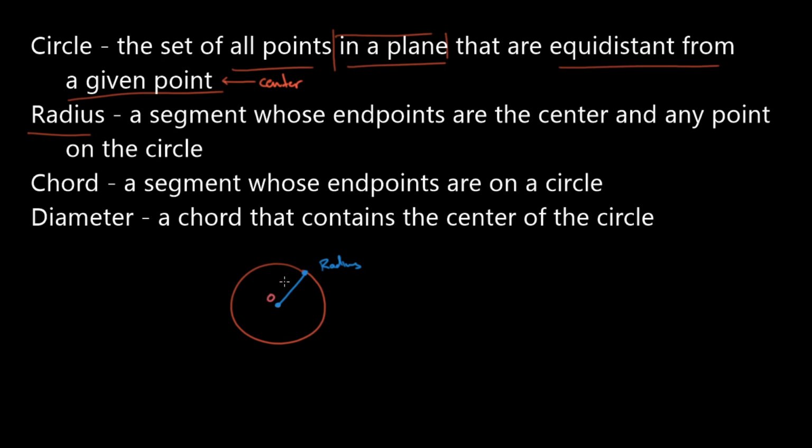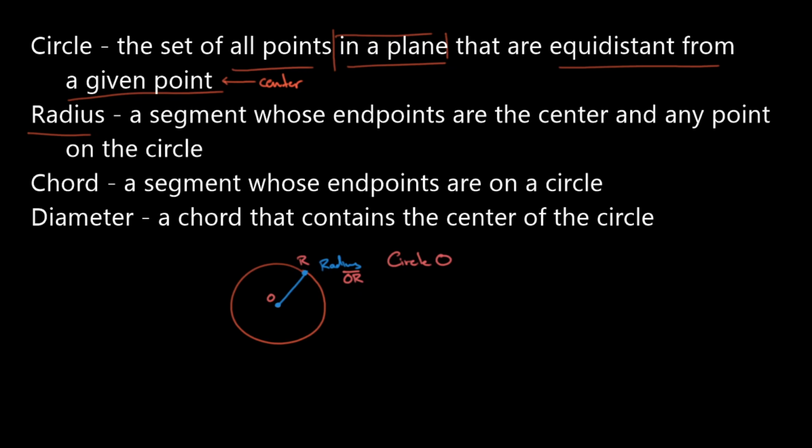So this is point O. We'll call this point R. So when I talk about this, this will be circle O. We always name it based off of where the center point is. And then this radius here would be, in this case, the segment OR. So a radius is just a segment whose endpoints are the center and any point on the circle.